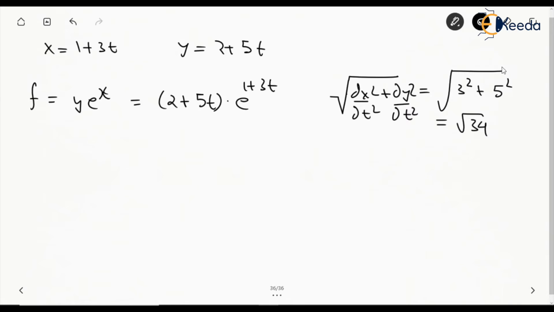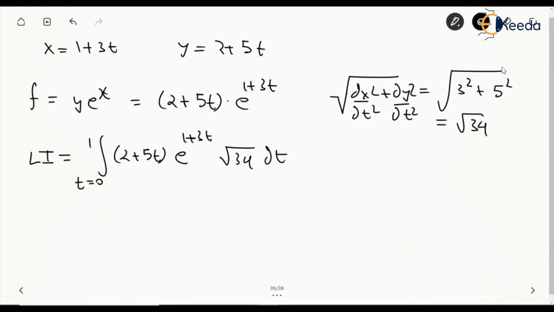So this line integral will now become the integration from t equal to 0 to 1 of 2 plus 5t times e to the power of 1 plus 3t into under root of 34 dt, because now ds, which is under root of dx square plus dy square, is under root of 34 times dt, right?